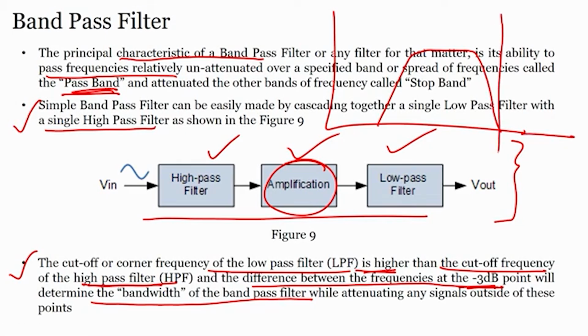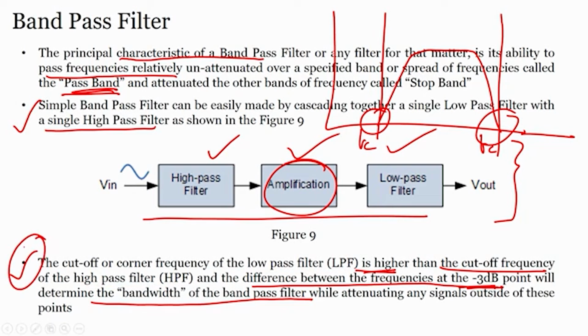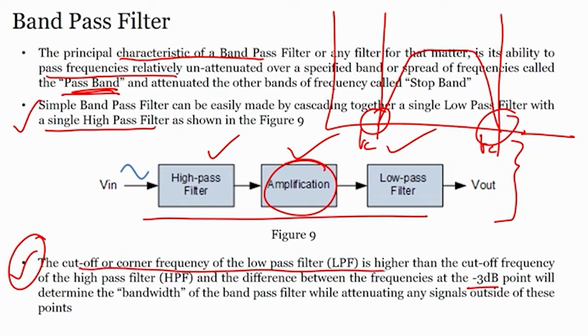What is this frequency Fc? This will be Fc, this will be another Fc. We are talking about these 2 points, which is point number 3. It is written that the cutoff frequency of the low pass filter is higher than the cutoff frequency of the high pass filter.